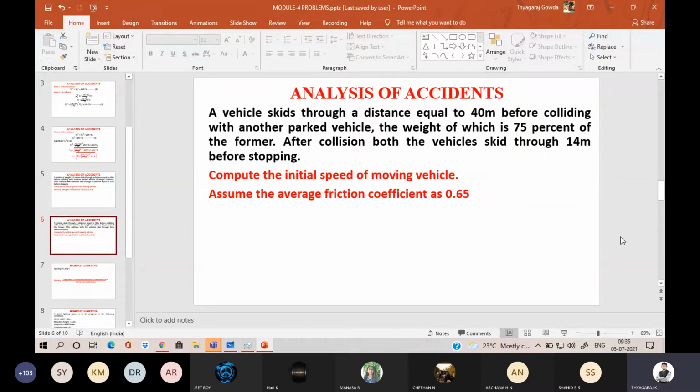So these are the simple problems you are going to get in module 4. These accident problems you may get in module 4, or you may also get these problems in module 2. Okay. Shall we go for the solution? One minute.